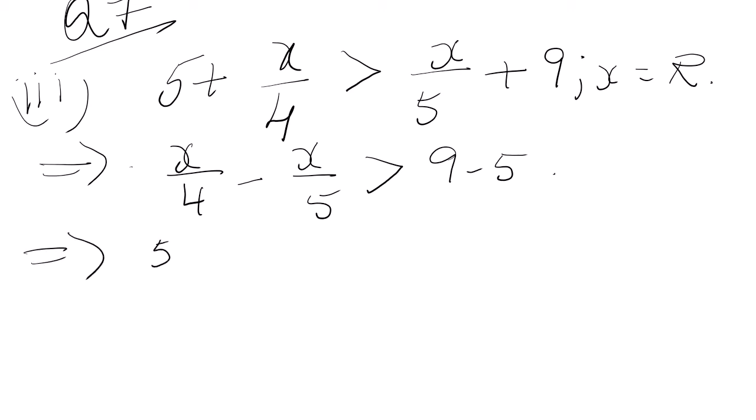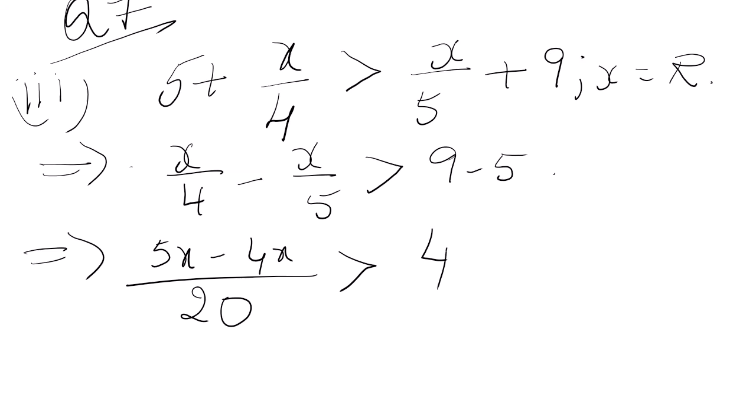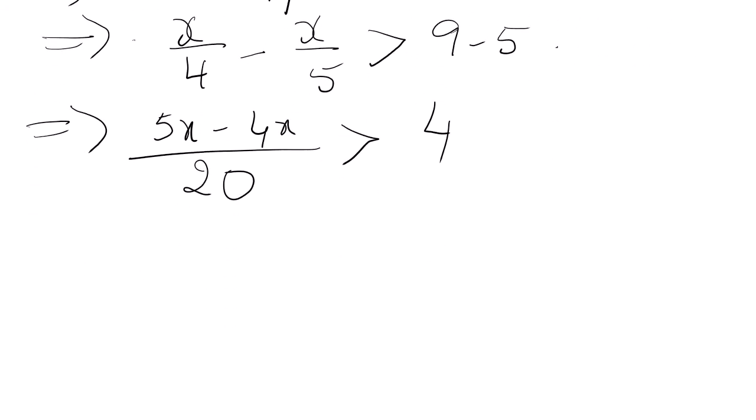So this implies cross multiply, 5x minus 4x upon 20 is greater than 9 minus 5 is 4. So 5x minus 4x is x, x upon 20 is greater than 4.